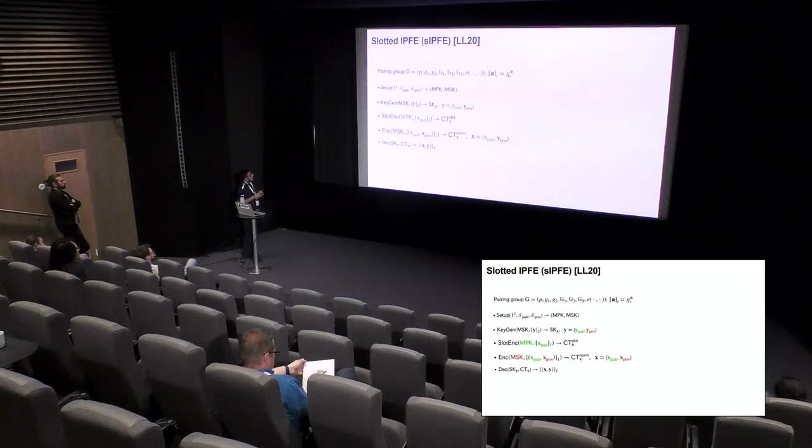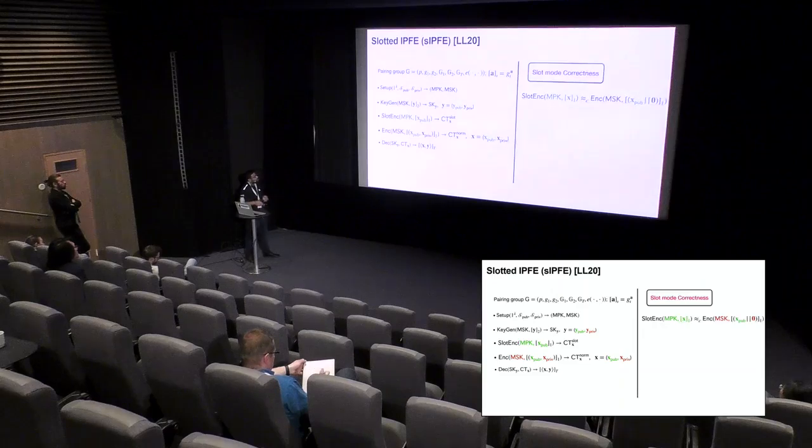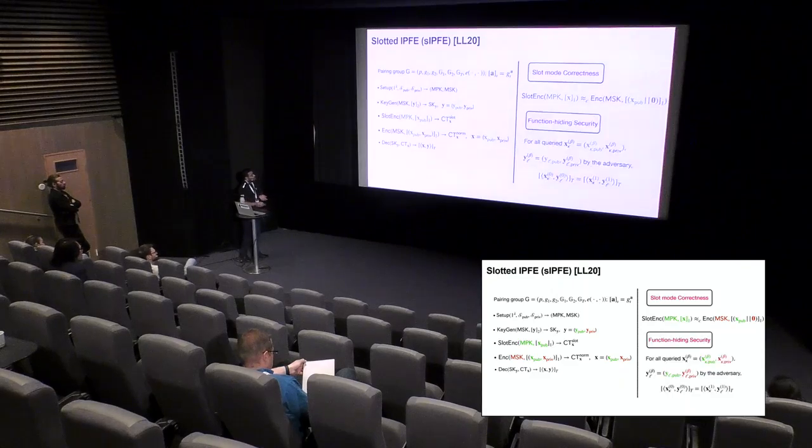And the secret keys are generated corresponding to a key vector y, which has both public and private slots. The slot mode correctness ensures that both the encryptions are computationally indistinguishable, having the private slot equal to the 0 vector. And in the function hiding security, the adversary cannot find the challenge bit beta, having both the inner products equal with respect to the challenge messages and challenge vector pairs.